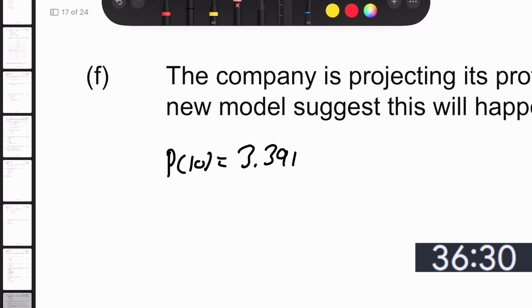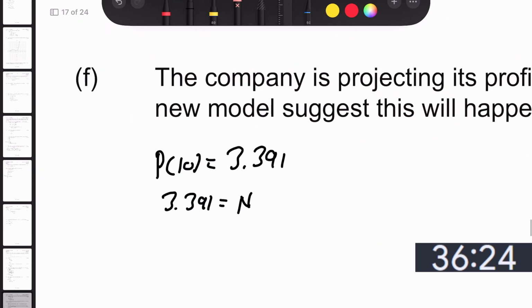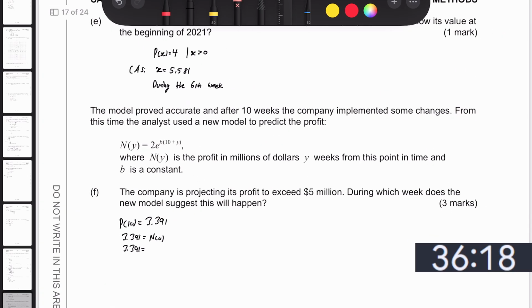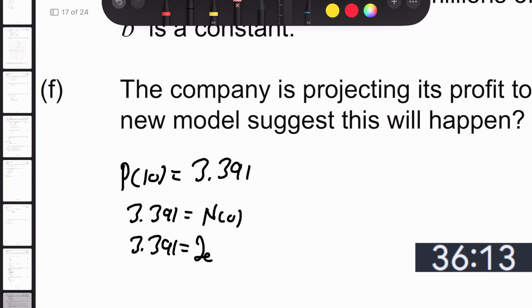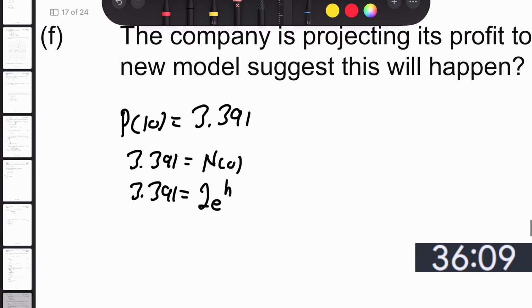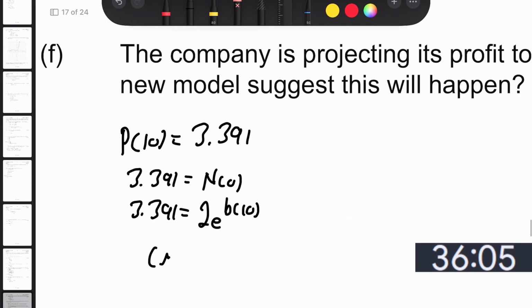So then 3.391 is equal to n of 0, 3.391 equal to 2e to the b times 10, CAS.